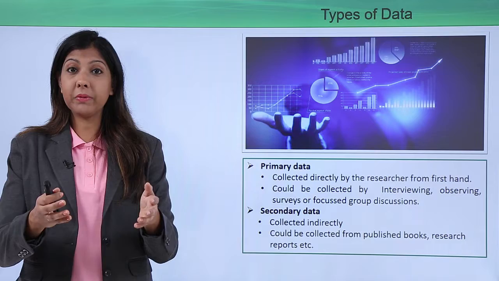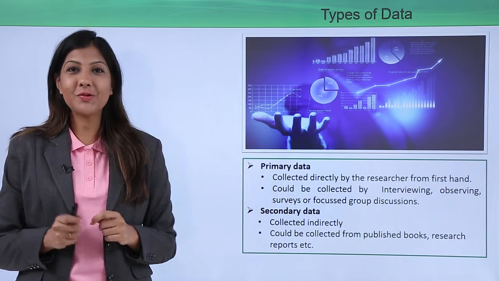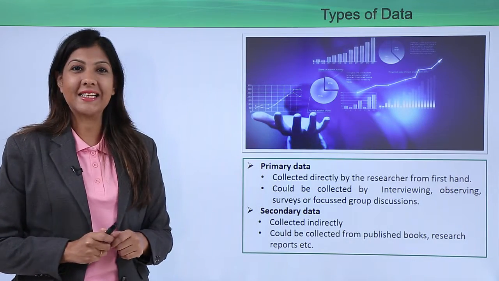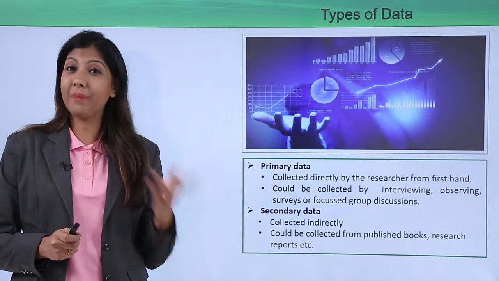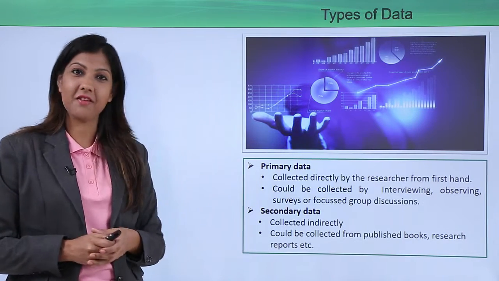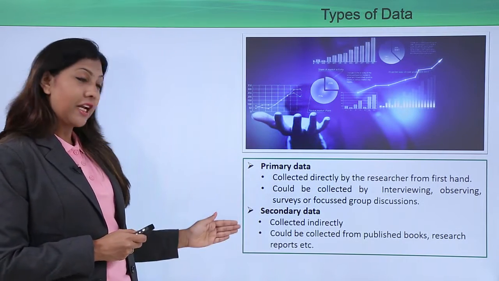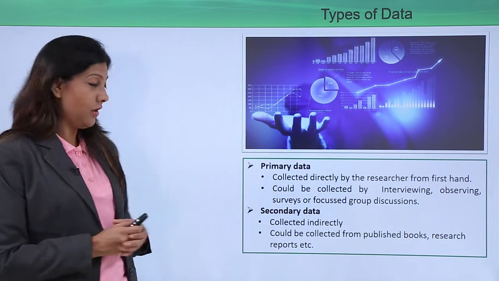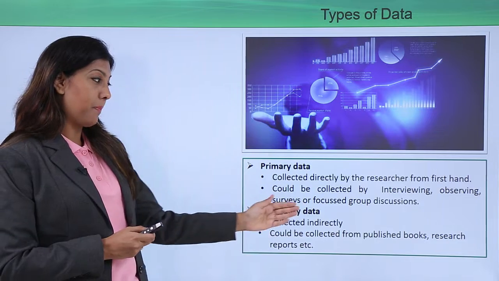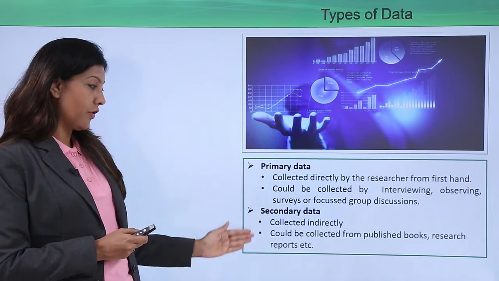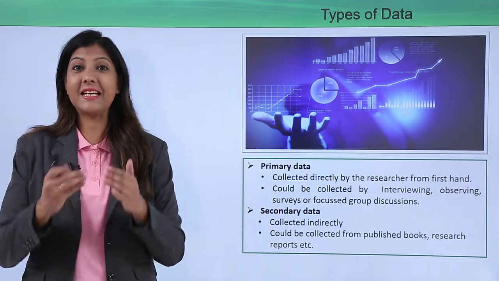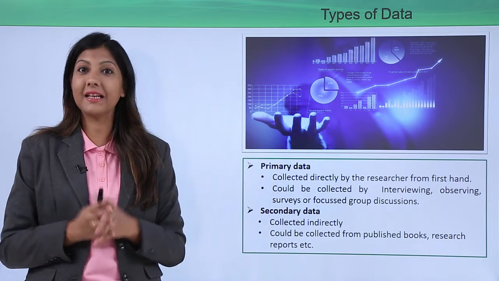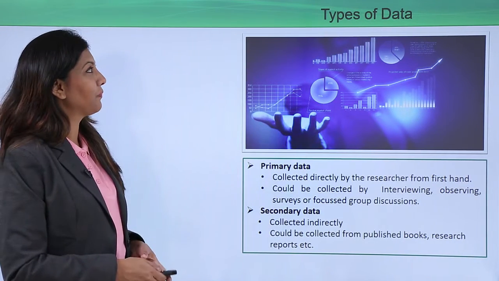So you talk to your people, your resources in the company, and try to identify what exactly is the problem or the pain area or the challenges that they are facing in the company. Secondary data is rather collected in an indirect fashion. So it could be collected from published books, research, reports, etc. So this is an indirect way of collecting the particular data.